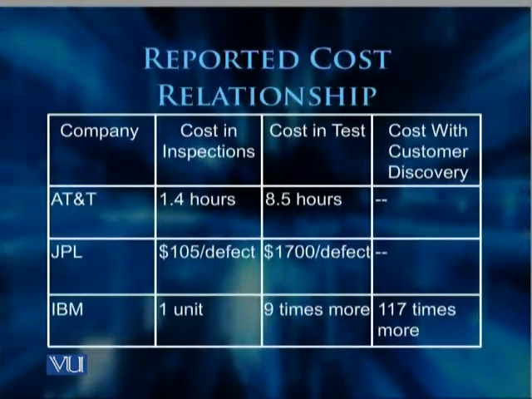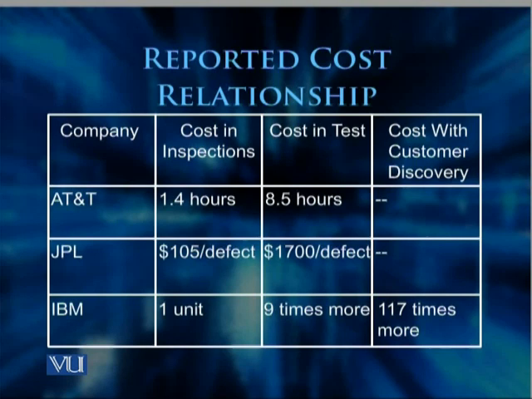We have again AT&T, JPL, and IBM, and these are different studies. For AT&T here we have 1.4 hours for inspections, 8.5 hours for test. For JPL it's $105 per defect in inspections and $1,700 per defect for cost in test.